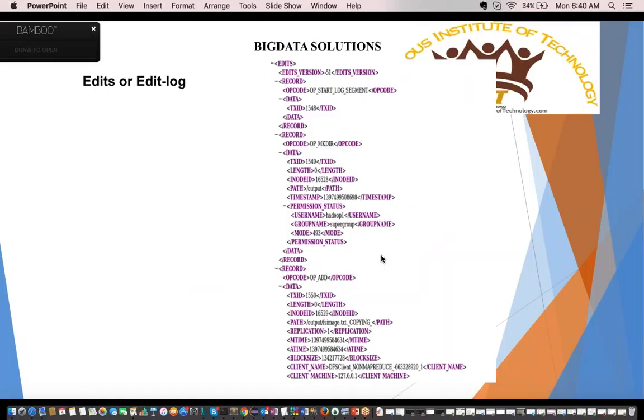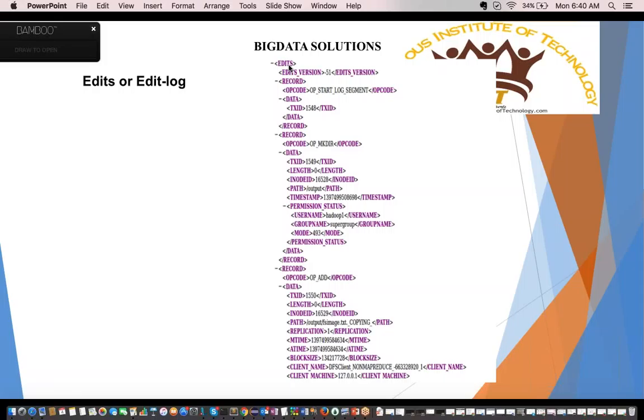If you see, this starts with edits, and these edit files can be written into XML files, or you can see them as a text file. But I have taken the XML file to understand more, as it gives more information. It starts with edits, and the version of edits is 51, with some opcode and transaction ID, and it has some op for a directory.